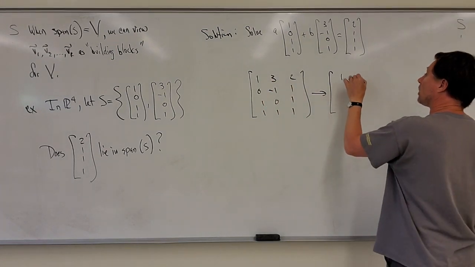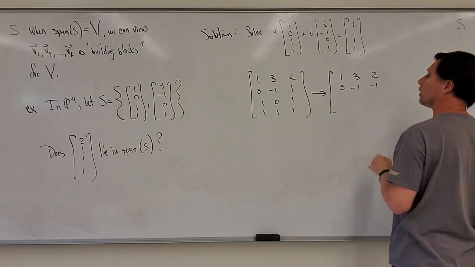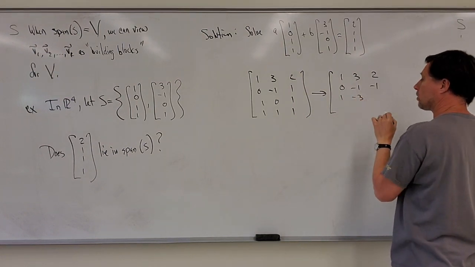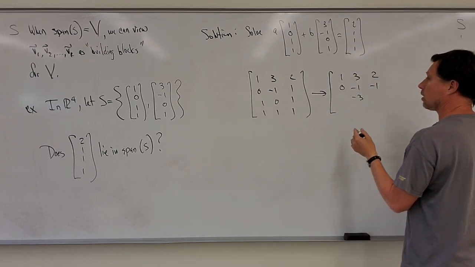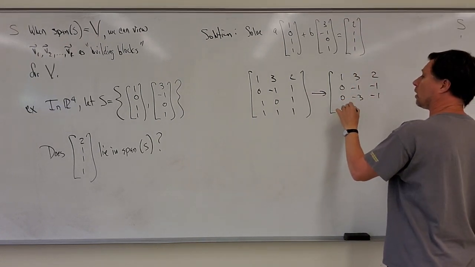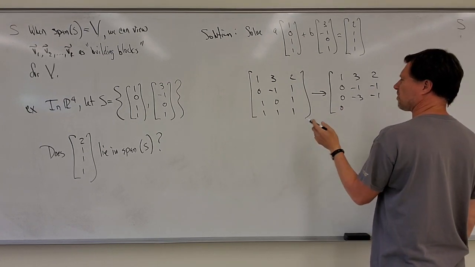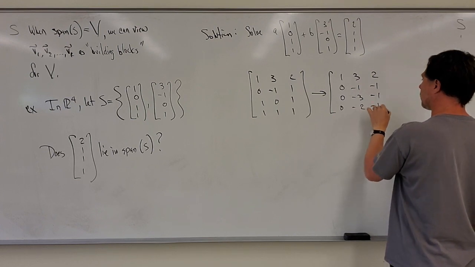So this will be a 1, 3, 2; 0, -1, 1; then 0, subtract, so that's -3, -1; and 0, subtract, so that's -2, -1.